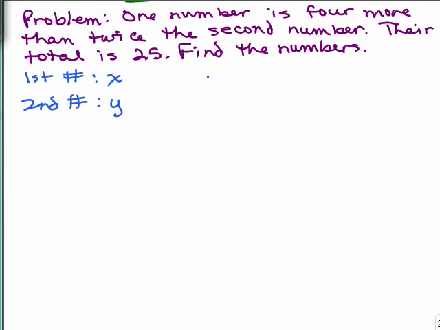So the first number, x, equals 4 more than something. Okay, that means I have to add 4 to something, right? It's 4 more than what? Twice the second number. All right, what's the second number? y. So twice the second number is 2y. So we have one number is 4 more than twice the second number.